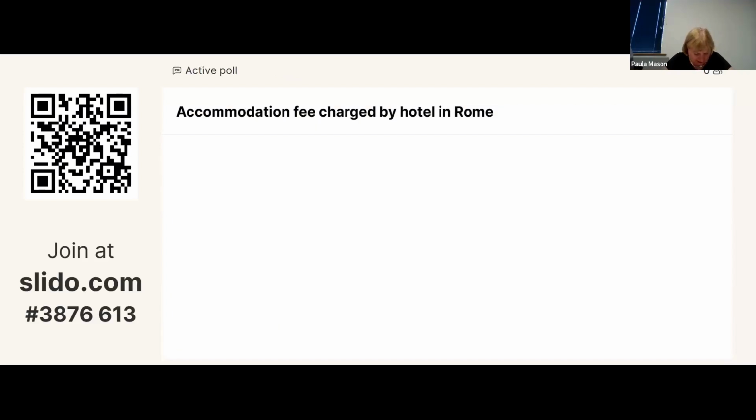Second to last, accommodation fee charged by a hotel in Rome.